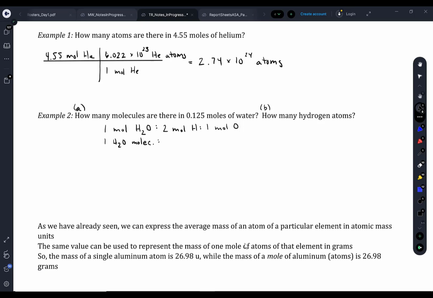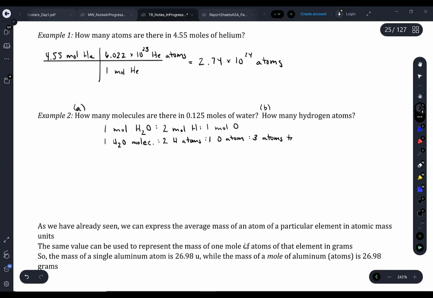What can we say? How many hydrogen atoms? Two H atoms. And one oxygen atom. Or I could say three atoms total, right? Here's the Lewis structure.